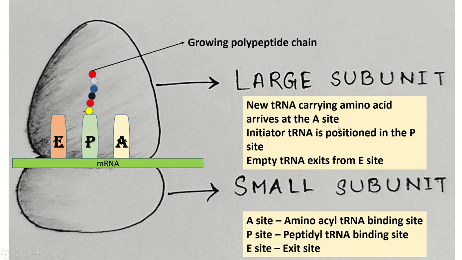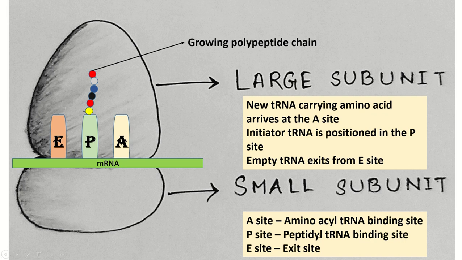It will come and it will scan for its matching codon in the mRNA. If the tRNA anticodon is successful in finding its matching counterpart in the mRNA, then only it will sit there. And what will happen? It will form a peptide bond with the amino acid that is there in the P site. What is this P site?